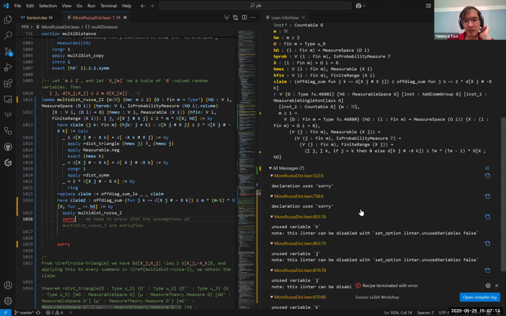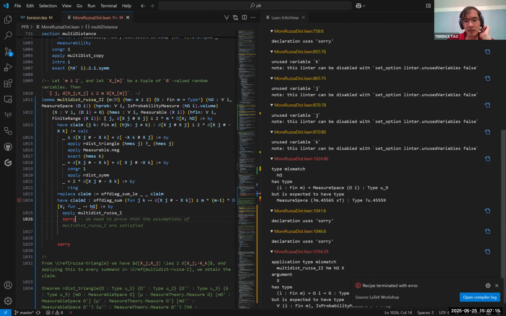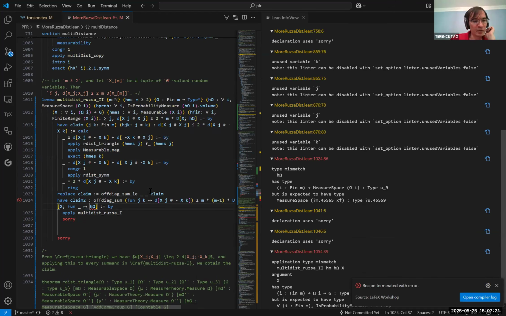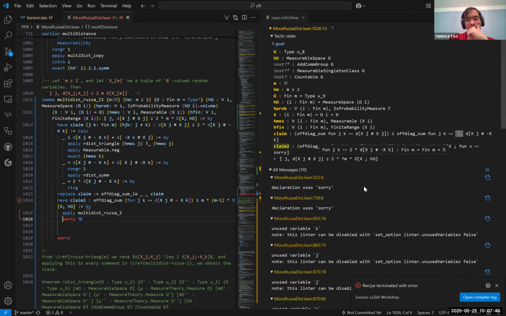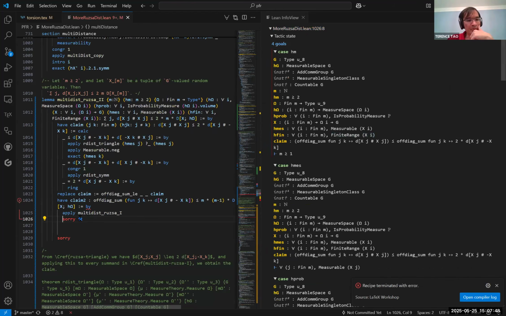No, it's still complaining. H omega is already a function. I don't need to apply the lambda calculus, but just do that. Okay, so I applied my previous lemma and it went through, but I need to verify 4 things.